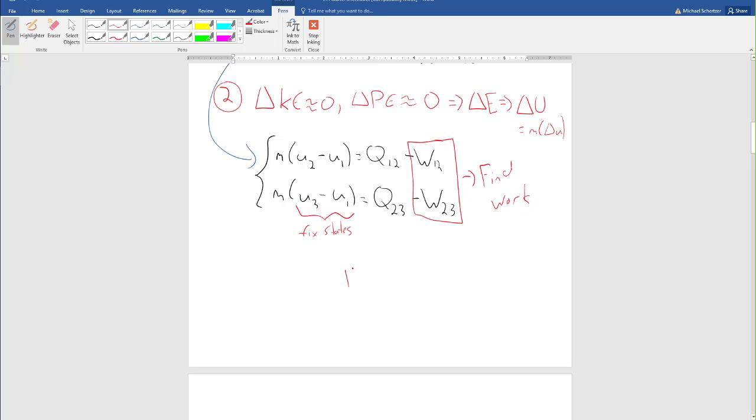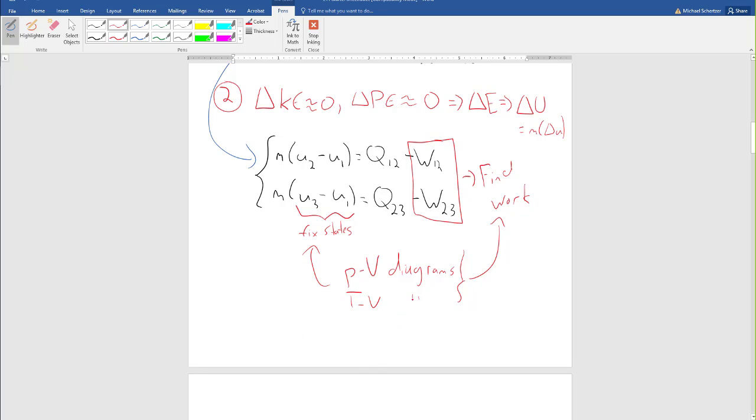Or I could draw the PV diagrams. I think it asks for PV and TV in this case. And I think that drawing these will help me do both of these things.